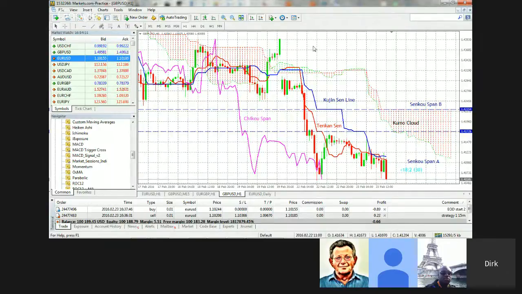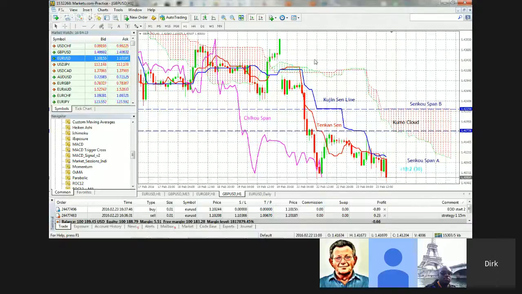And what follows very, very closely, or sometimes happens at the exact same time, is we actually get a future Kumo cross as well. Okay. So the future Kumo cross refers to the section of the cloud over here, and it would be the crossing of the Senku span A and Senku span B lines. Now that is signal number 2 that we're looking for.